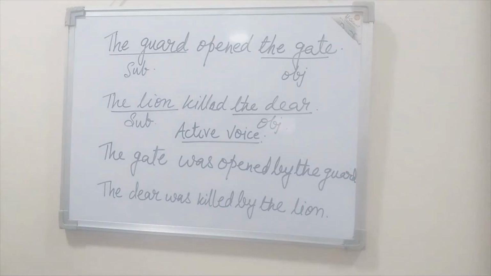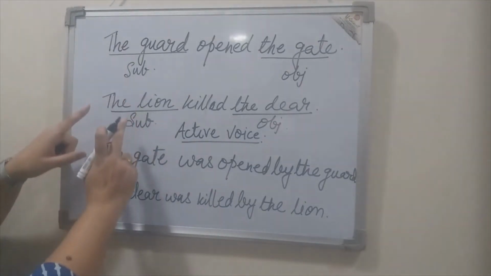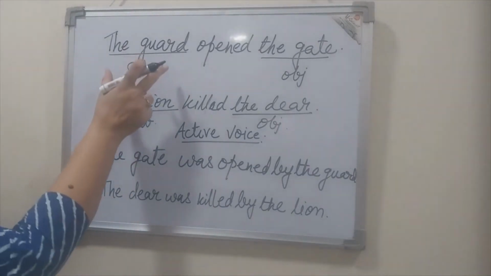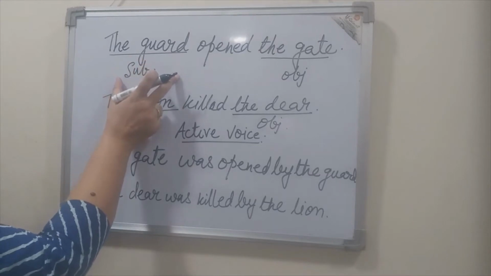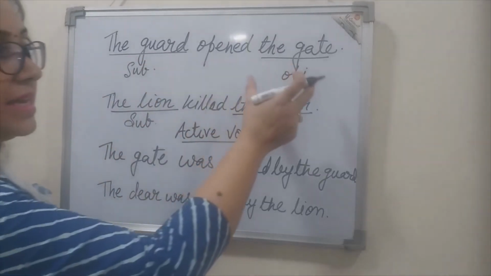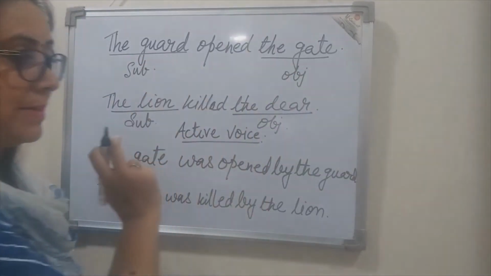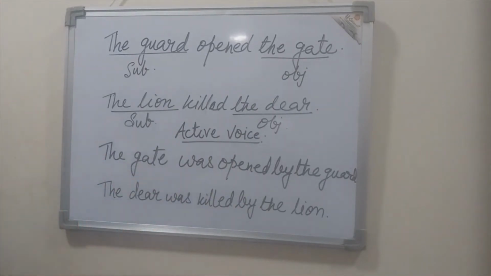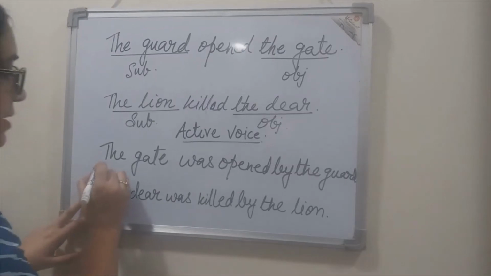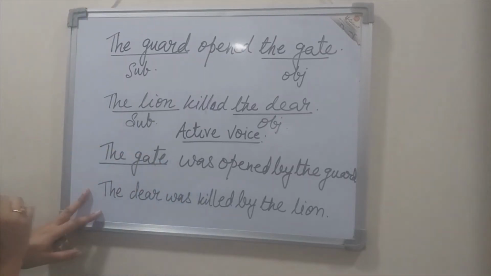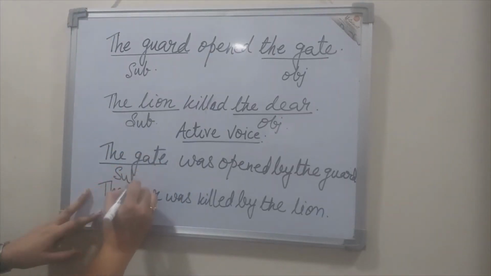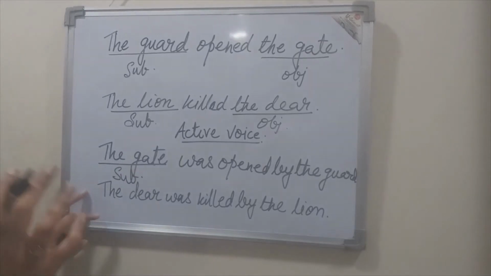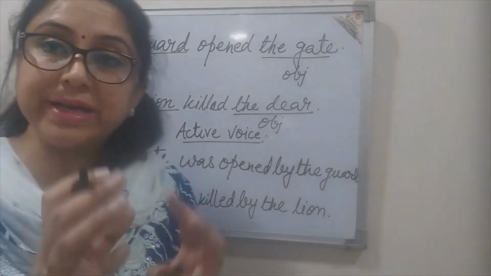Now here in these two sentences, we saw that the performer is at the subject's place and the receiver is at the object's place. But now, in these two sentences, what change do we find? Here, the receiver is at the subject's place. Who's doing the action?